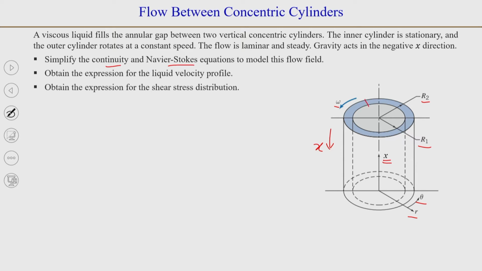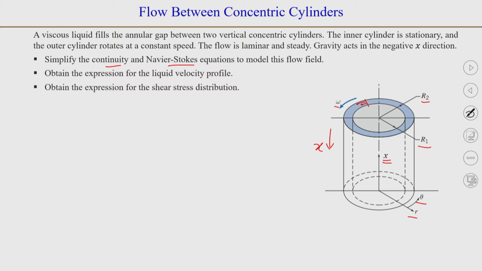In this case, because the outer cylinder is moving, there will be a velocity in the angular direction, and there will be no motion along the vertical direction, because there is nothing to drive the flow along that direction, so we can neglect the motion along the vertical direction.